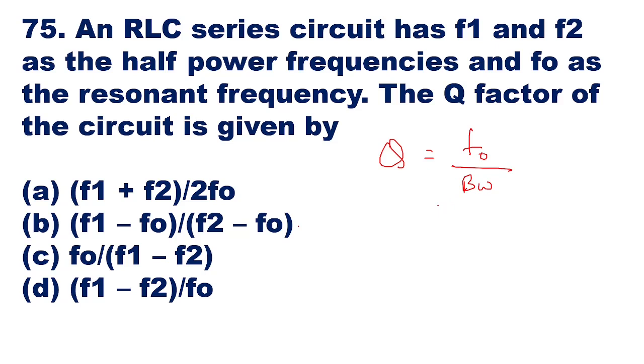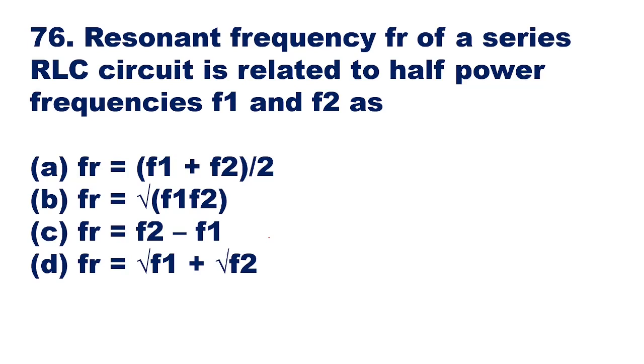If we take the bandwidth between the half power points F1 and F2, it is F1 minus F2. So F0 upon F1 minus F2 is the right answer. Option C is the right answer. Then we'll go to the next question.